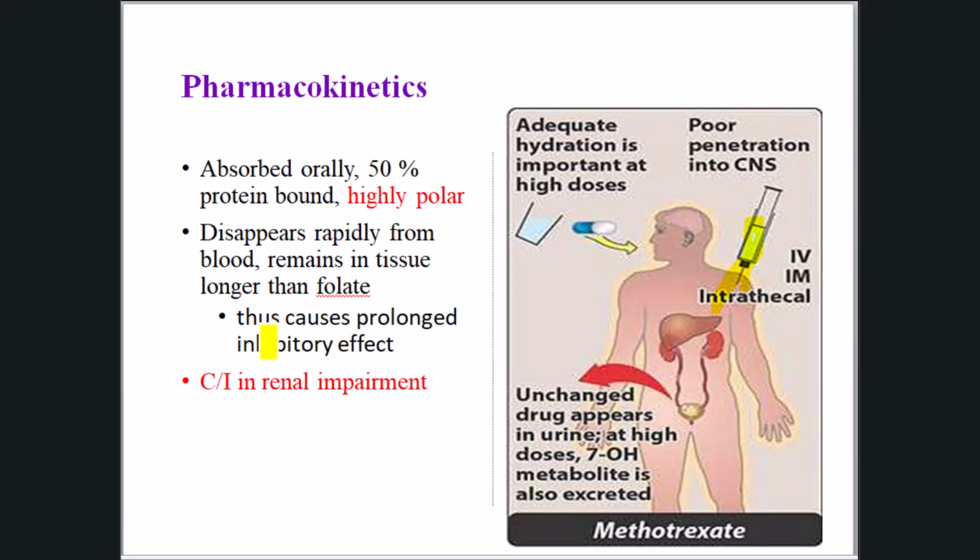The other one is the contraindication, which is renal impairment. Normally, methotrexate is mostly excreted through urine, through the kidney. That means its most common means of excretion is totally through urine.